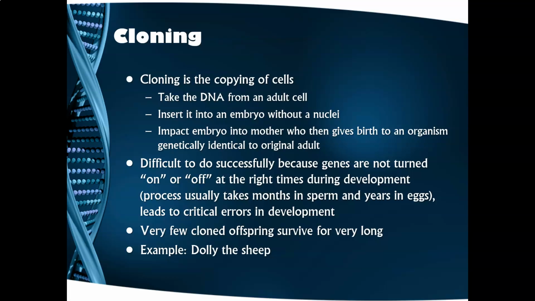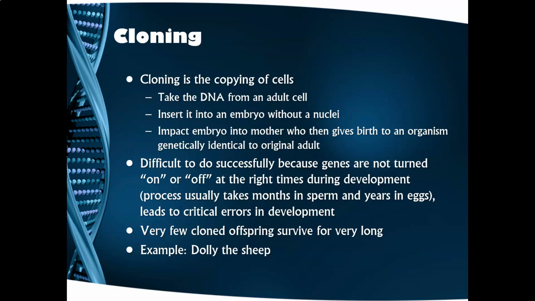The problem that we're finding with cloning is that it's not easy to replicate that when I'm taking genetic information out of an adult and trying to put it into a brand new organism as a baby. We're missing that step of coordination of genetic information pre-fertilization because those switches have already been turned on or turned off in that adult. Hopefully that makes sense.